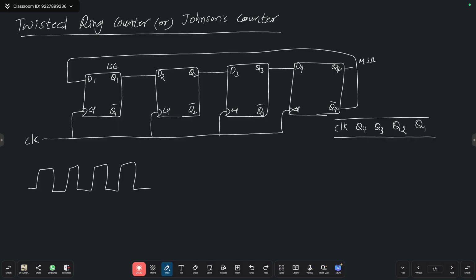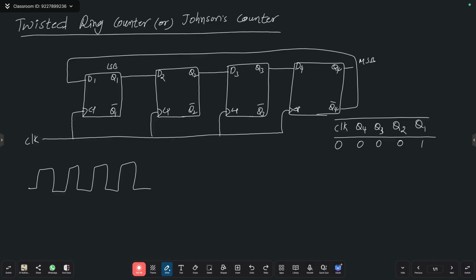Correct? So in the beginning, initially the clock is 0. Whenever the clock is 0, the states are 0, 0, 0, 1. You know this. These are the same thing we are following for your ring counter.